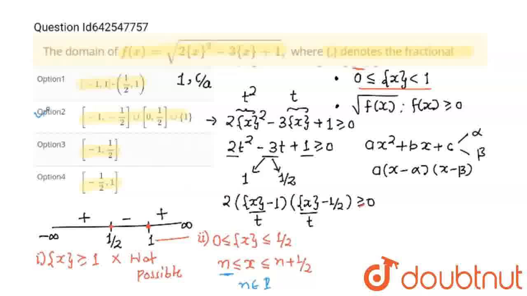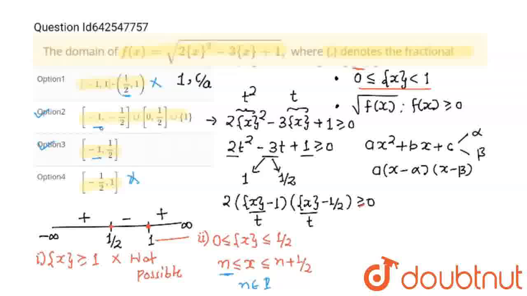So in these two options, the answer is starting from integer minus 1 by 2, sorry, minus 1, minus 1. Here, this 1 by 2 is not starting from an integer, but the answer is starting from an integer and ending at a fraction. So this is starting from a fraction and ending at an integer. So this option will be incorrect, and this option will also be incorrect because this is starting from a fraction and ending at an integer.